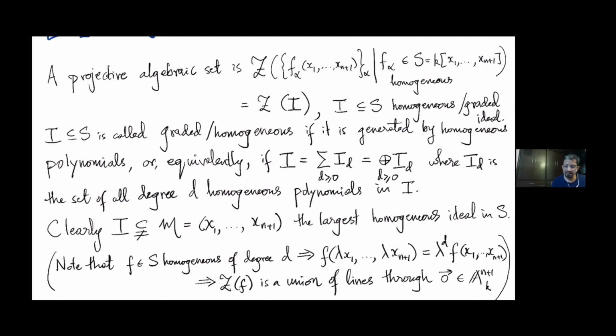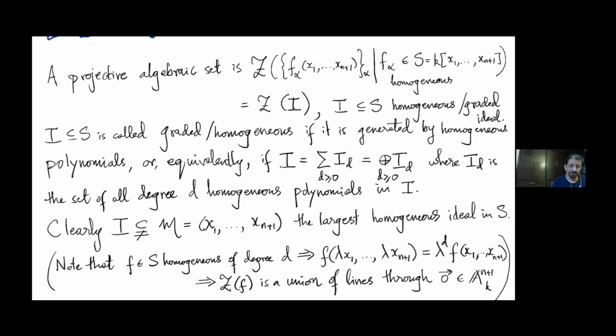That's why we insist that we only look at homogeneous polynomials. Their zero locus will always consist of a union of lines through the origin. And so I look at ideals which are generated by homogeneous polynomials.